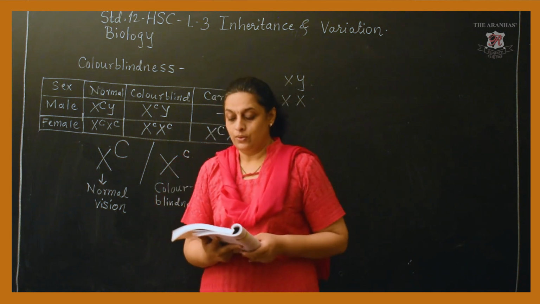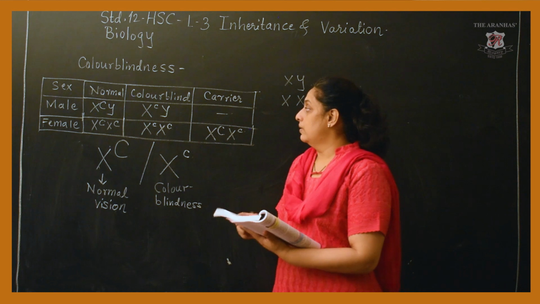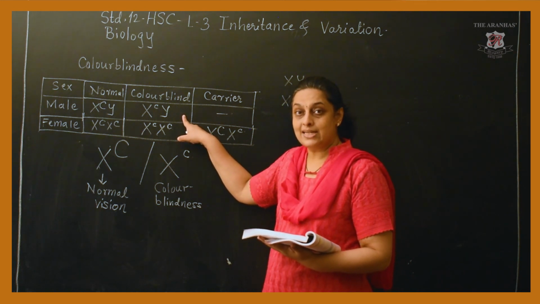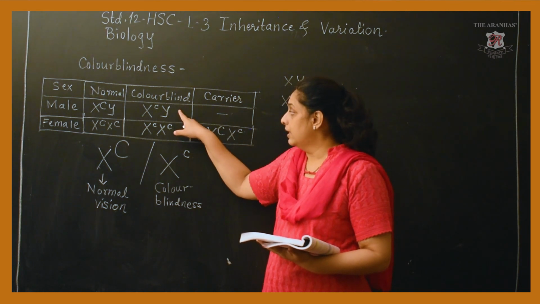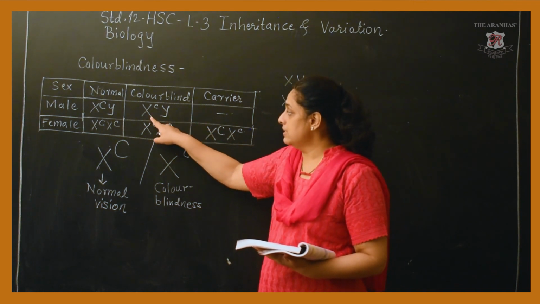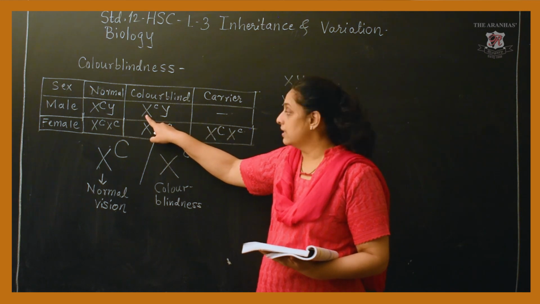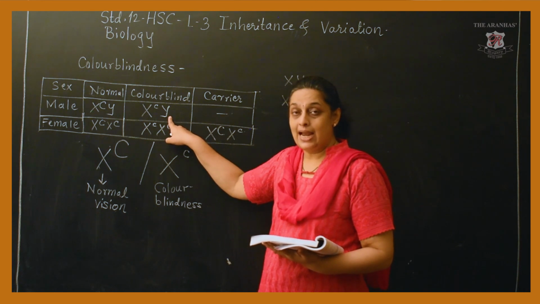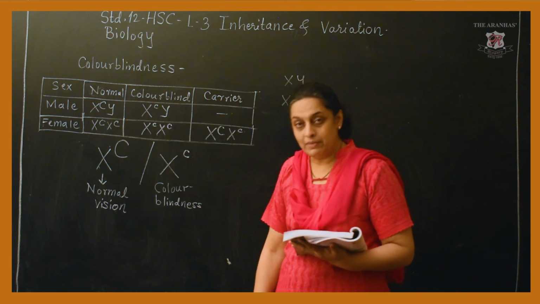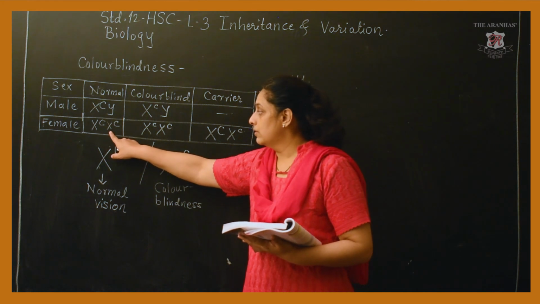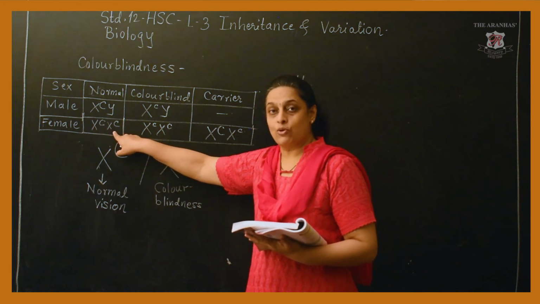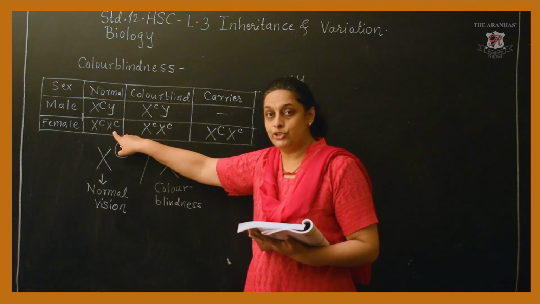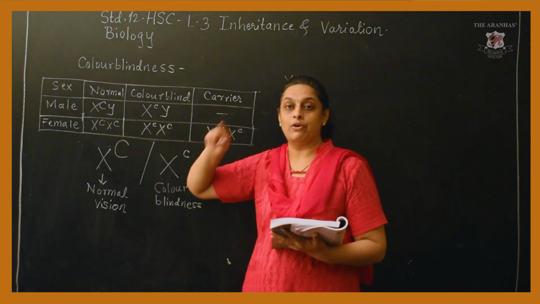Refer to this table. You will understand that colorblind male means X small c Y, and the female has normal vision, so double X chromosome, both having capital C gene, that is the gene for normal vision.